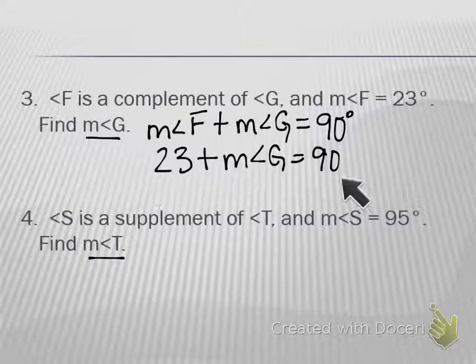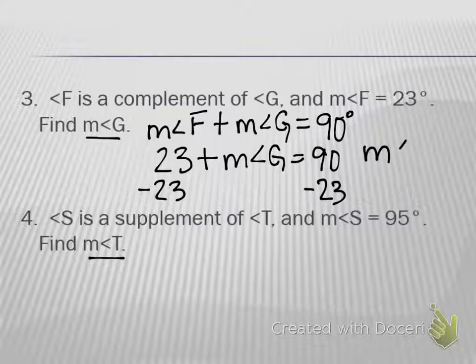Okay, subtract 23 from both sides. If I subtract 23 from both sides, I keep my equation balanced, but I would have the measure of angle G by itself. So I subtract 23 on both sides. So the measure of angle G equals 67 degrees.